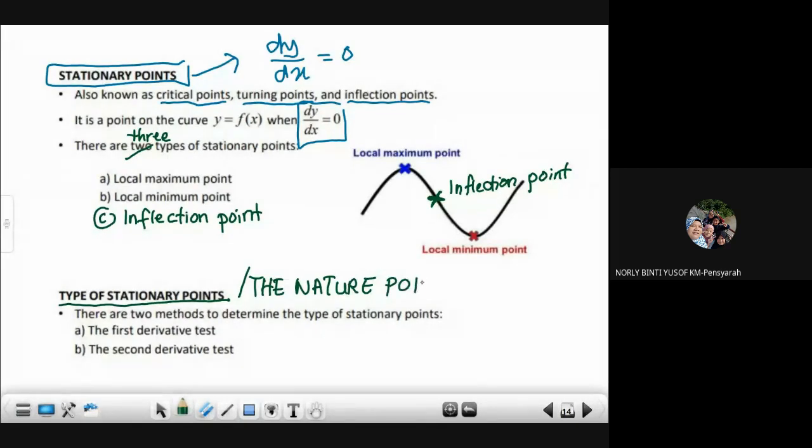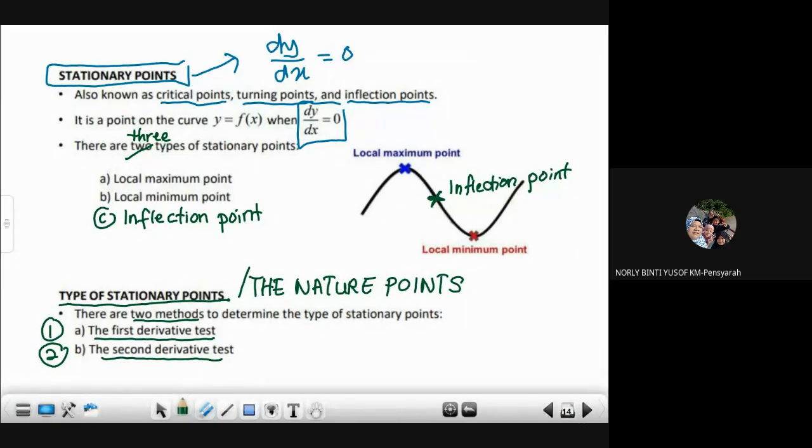Itu kita nak tahulah type of stationary point ataupun the nature of point. Itu kita akan guna 2 method to determine the type of stationary point. The first one is the first derivative test. Yang you jarang tengok kat sekolah lah for AdMath punya topik. You lebih tengok pada the second derivative test yang memang ada dalam syllabus AdMath untuk tajuk differentiation.